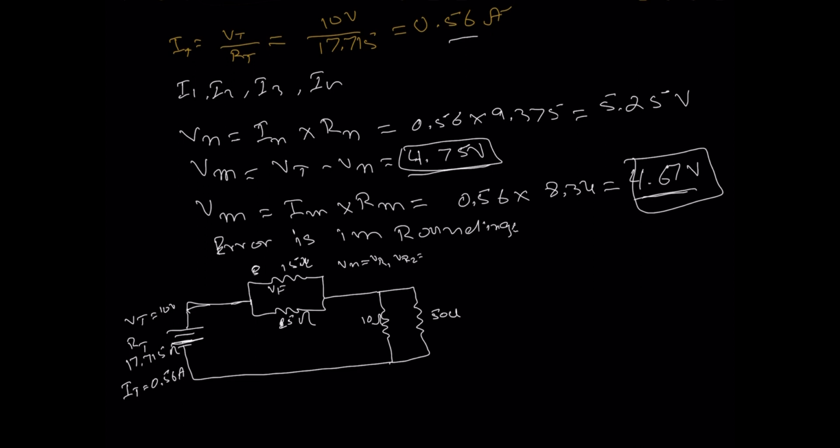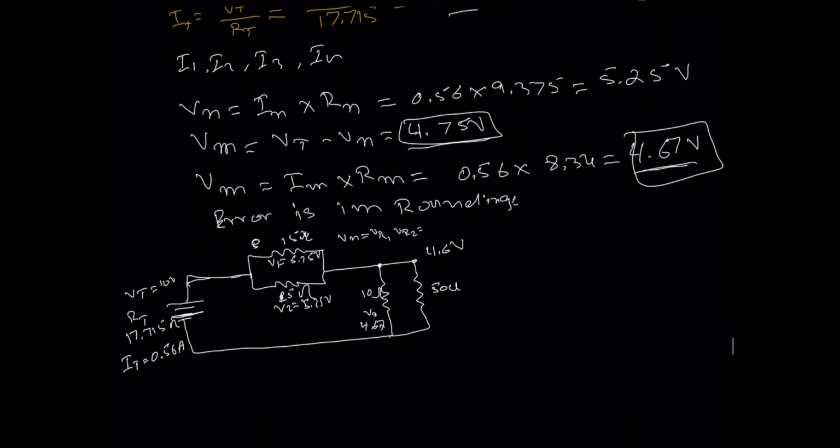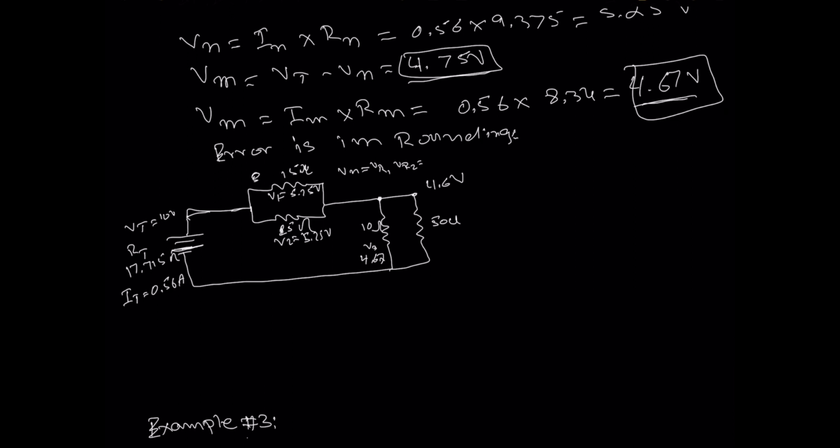V1 is 5.25 volts. In a parallel circuit, the voltage stays the same. V2 is 5.25 volts also. Now the voltage drop between these two points, we had 4.67 volts, and we got V3 as 4.67 volts, and the same here. So we have what we need to find I1, I2 and I3.